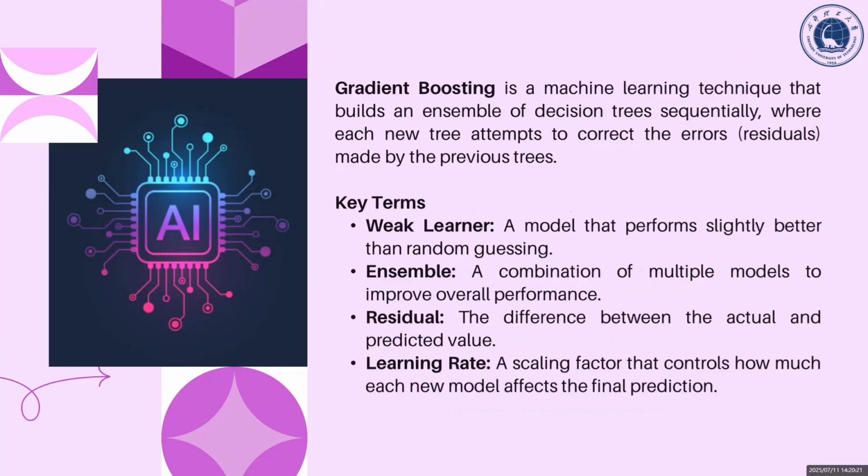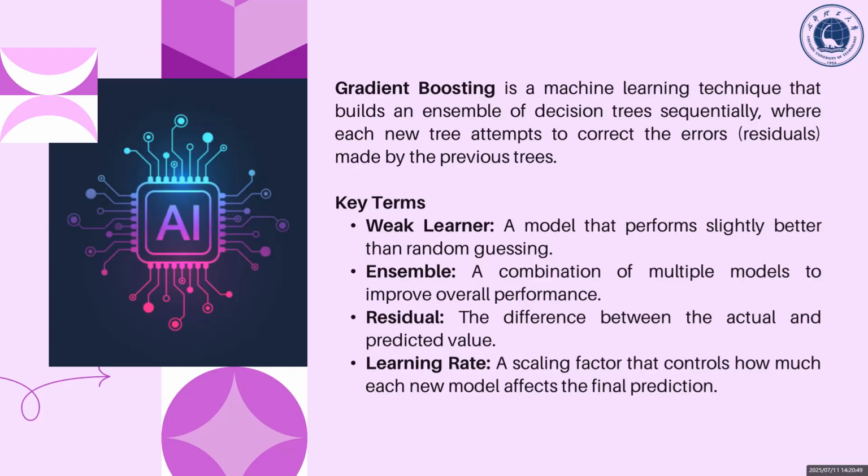Now, it's good for us to understand the concept of gradient boosting. Gradient boosting is a machine learning technique that builds an ensemble of decision trees sequentially, where each new tree attempts to correct the errors, which are the residuals, made by the previous tree.